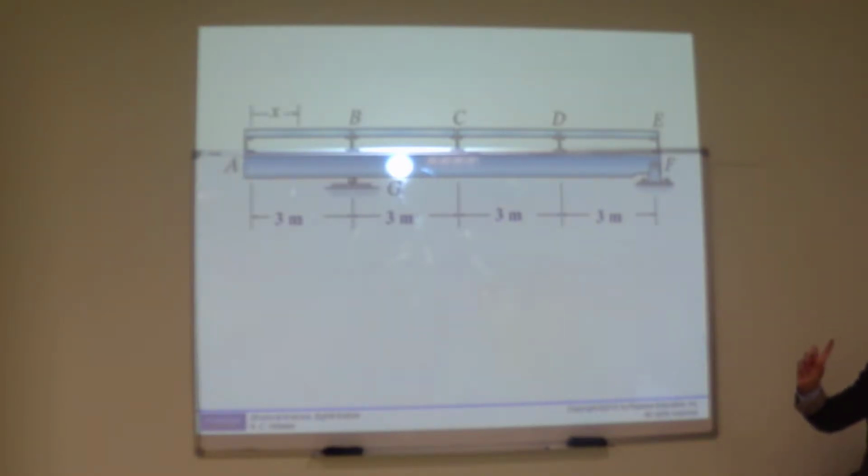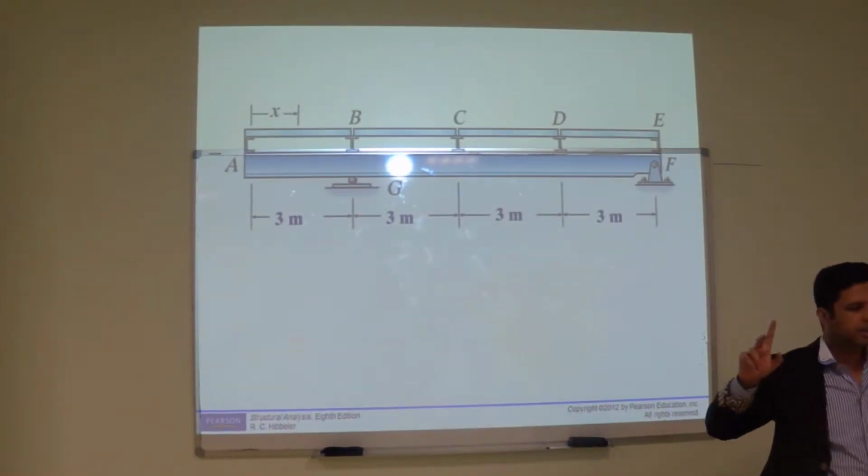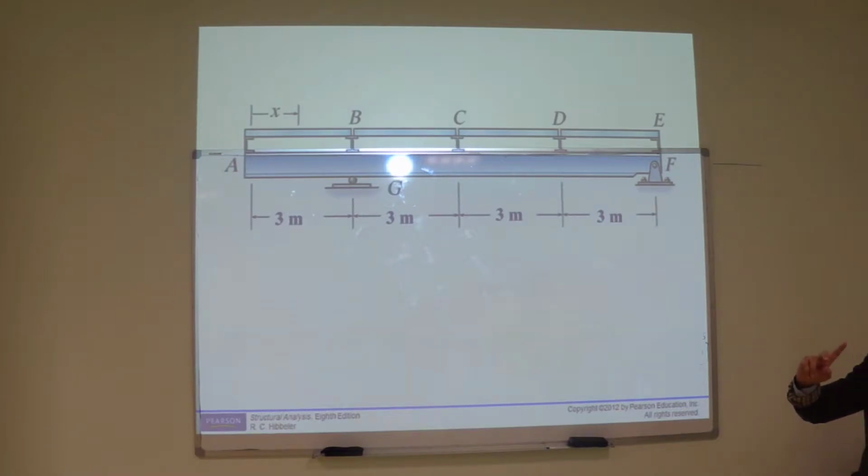In case of a girder, the shear between C and D, is it changing or will it remain constant? Okay, first complete your question. So we have to draw the influence line diagram for panel CD.